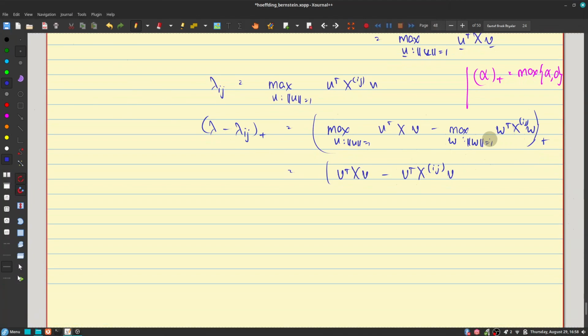Which means that this gap can only be bigger if I choose a particular W. So let me choose W equal to V. Then this is less than or equal to this. Lambda is the largest eigenvalue? Correct.